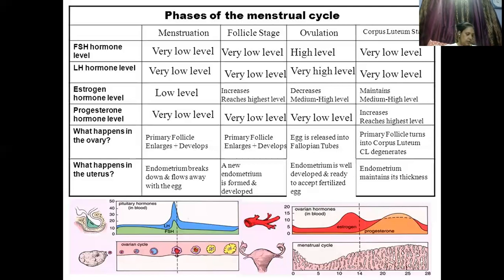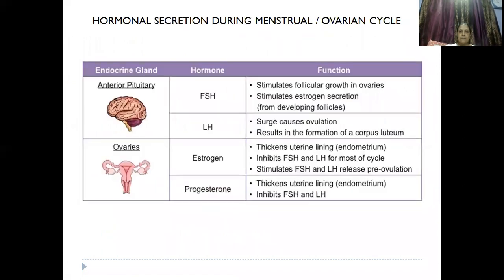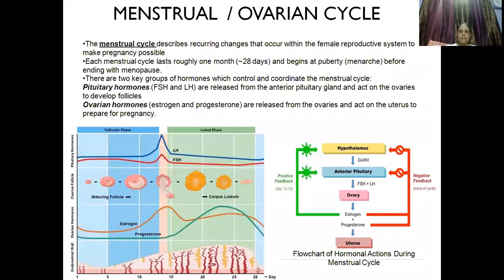Now here in this particular graph, you could see 1 to 28 days. As we said, the menstrual cycle is for 28 days.